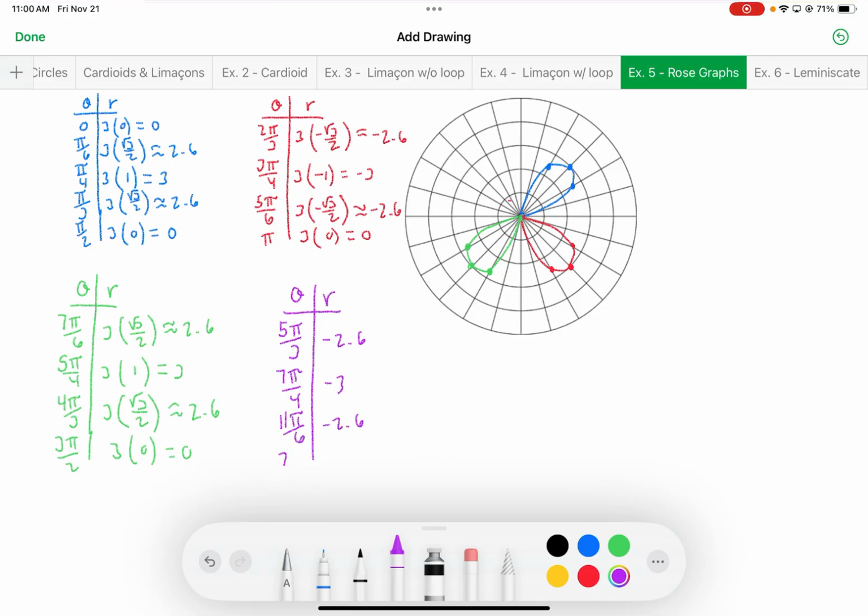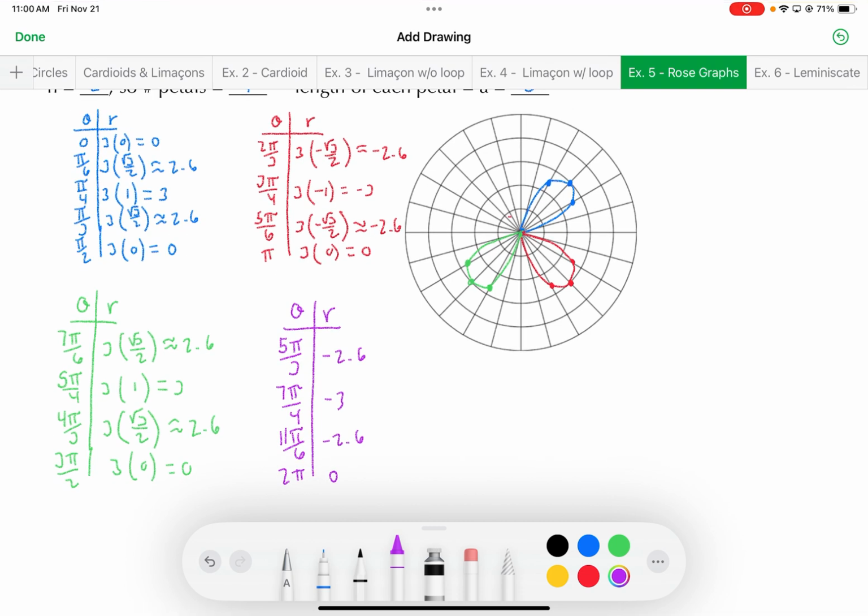And if we get all the way back to 2 pi, we'll get 0 again. Since all those r values are negative, it's going to take me backwards from the fourth quadrant angles into the second quadrant. And there we have it.